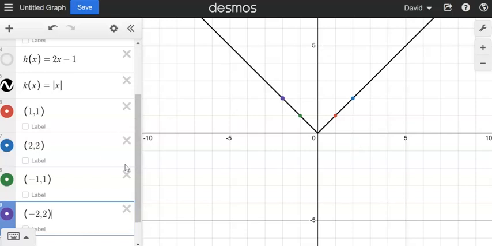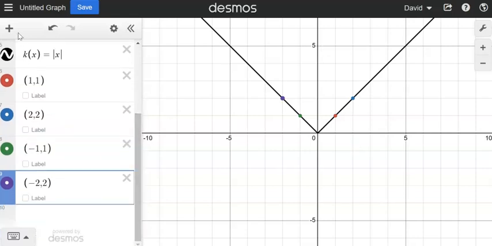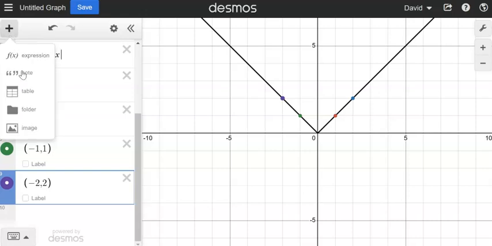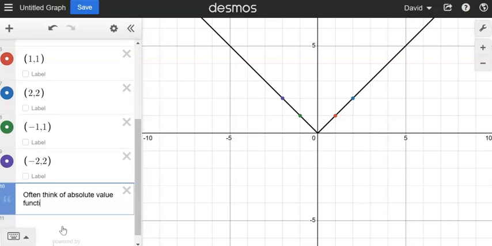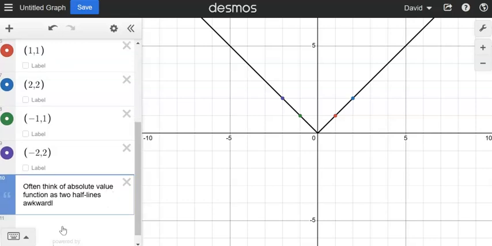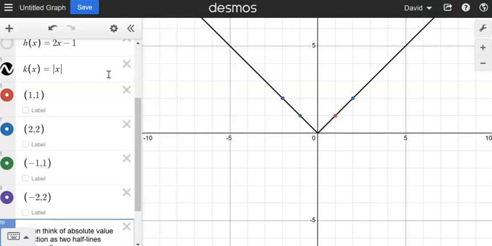In some ways that's true, but it's really helpful to say to yourself, we often want to think of the absolute value function as two half lines rather awkwardly put together. Remember when we do absolute value equations and inequalities, it very often splits up into this or this, kind of two pieces that are a pain to deal with.